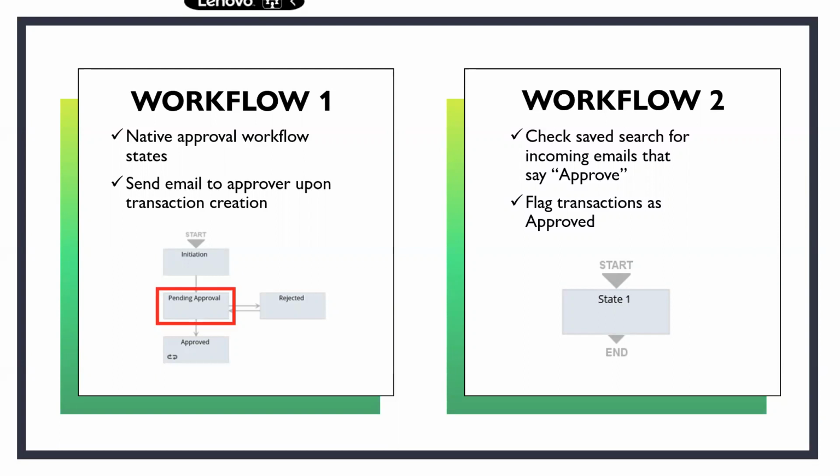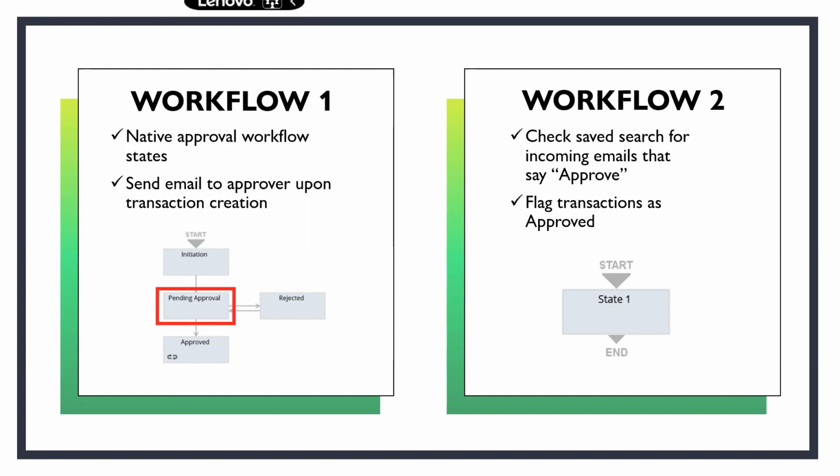And then separately from that, we have our other workflow that's actually doing the work of approving transactions. Once the email is sent out by the first workflow and the approver replies to it, this second workflow is what triggers to go and actually approve the transaction.